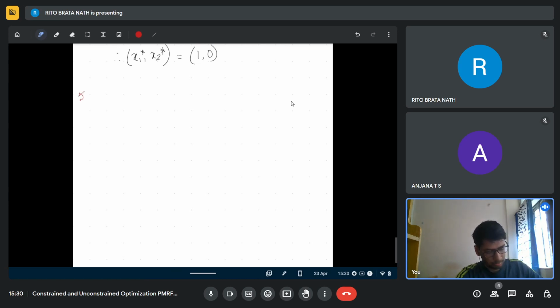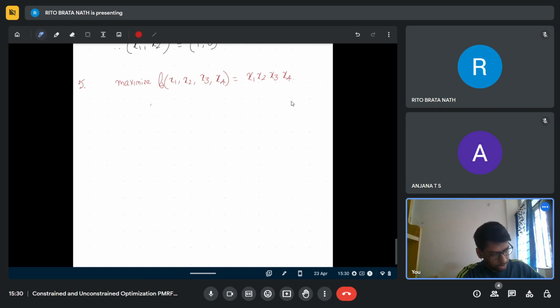So this is the fifth problem where you have to maximize f(x1, x2, x3, x4) equals x1 x2 x3 x4, subject to x1 plus x2 plus x3 plus x4 equals 100.